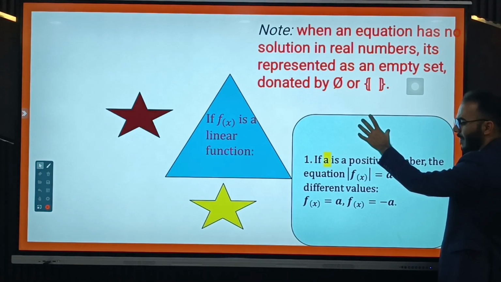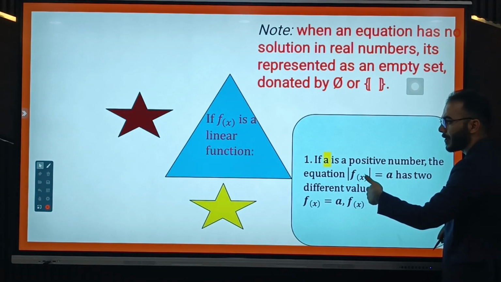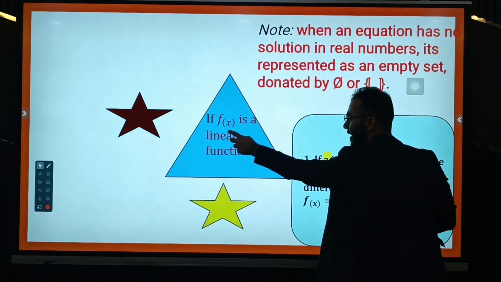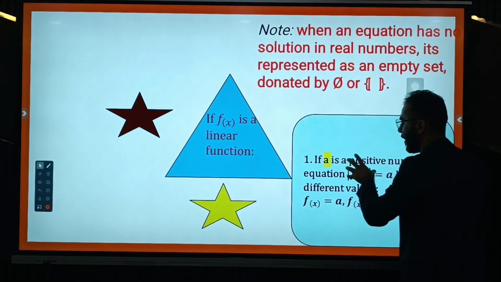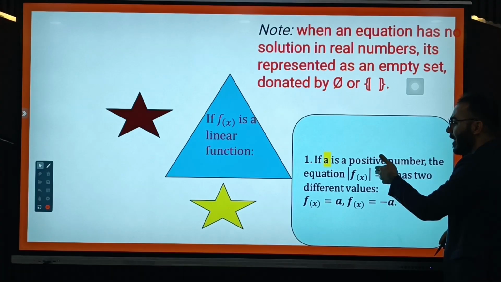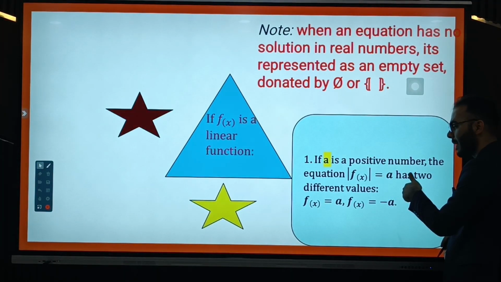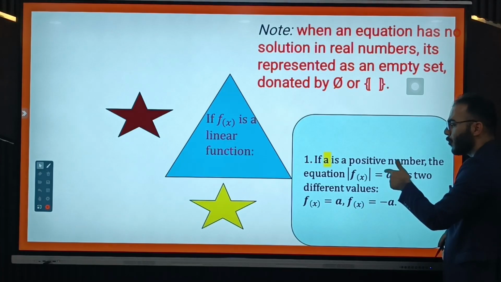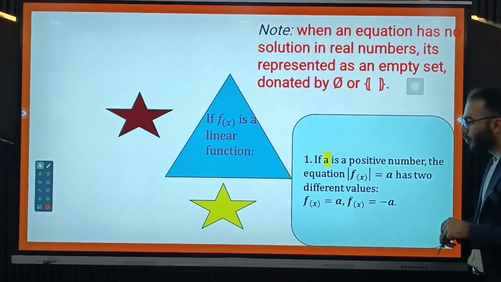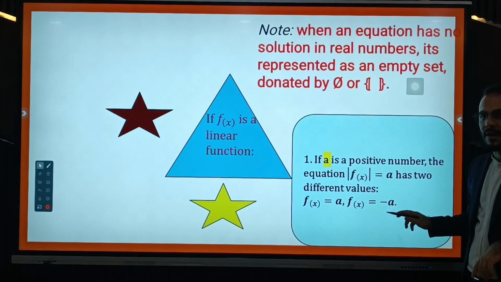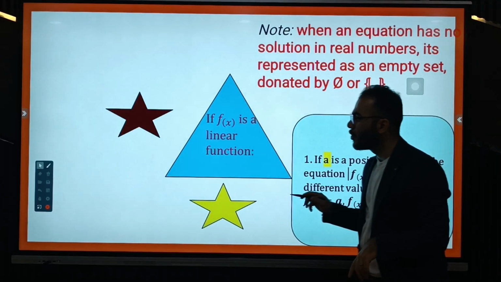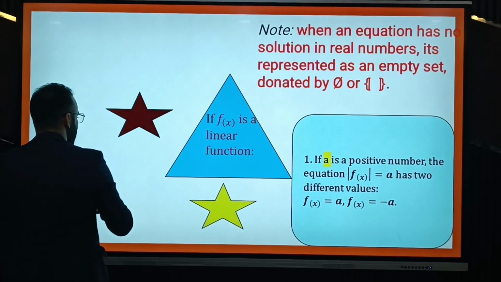The equation is the absolute value of f of x equals a. Remember, we said f of x is a linear function, so there is a function inside this absolute value. A is positive. It has 2 different values, one positive, one negative, just like the thing that you already studied.